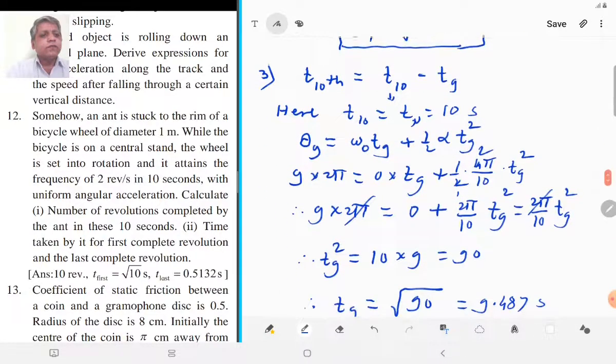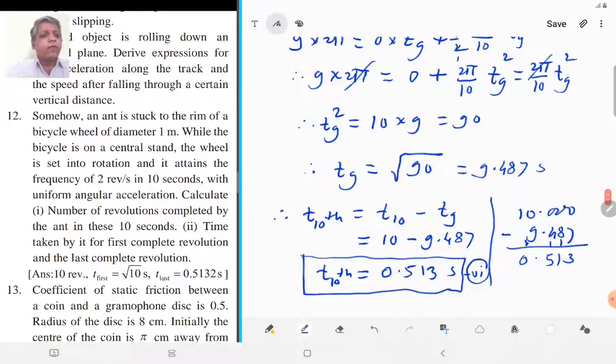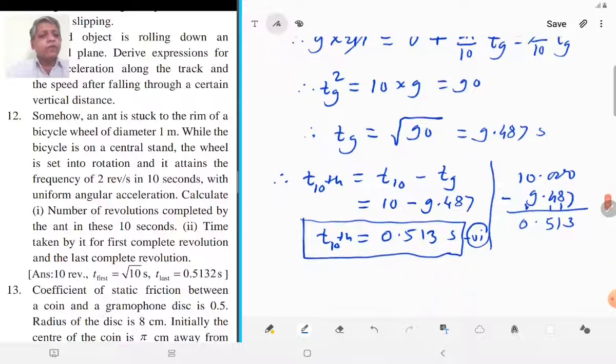And this time taken to last complete revolution is given here as 0.513132, 0.5132 second in the textbook, but in actual calculations the value of T10 is equal to 0.513 seconds.